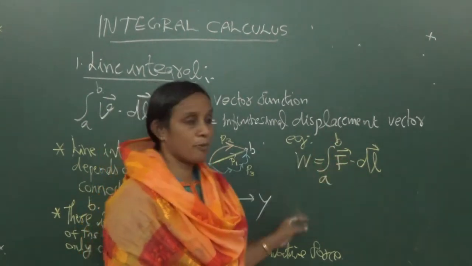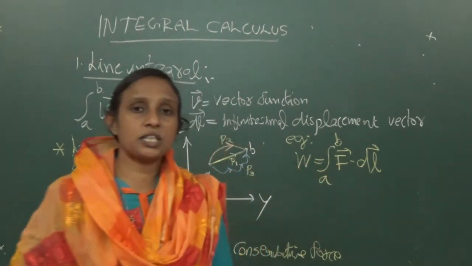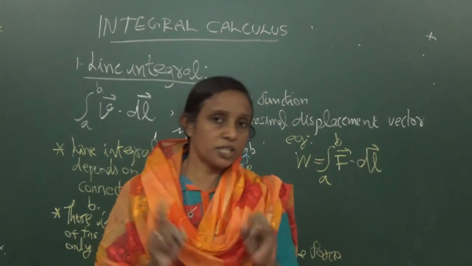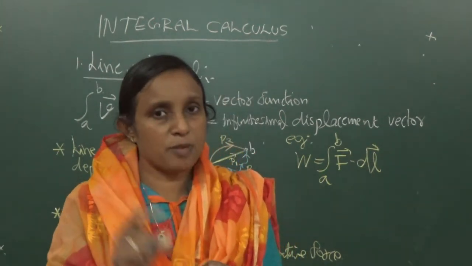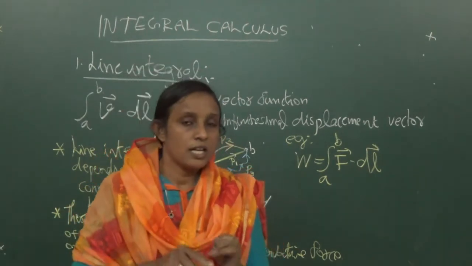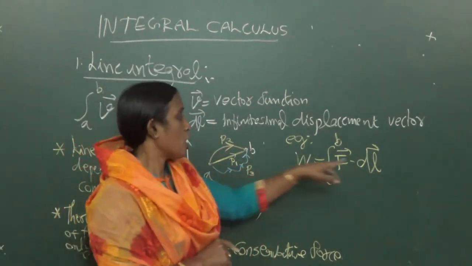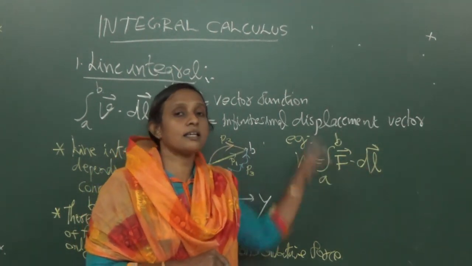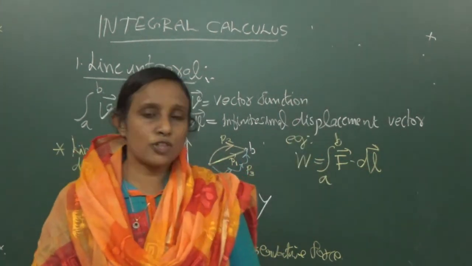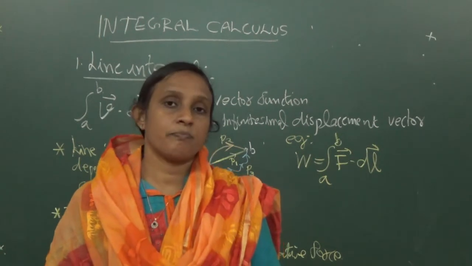So remember all these things in connection with the line integral. The first point is that the line integral is defined over a displacement vector. A vector function taking the dot product with the infinitesimal displacement vector, and the integration over it, gives you the line integral.